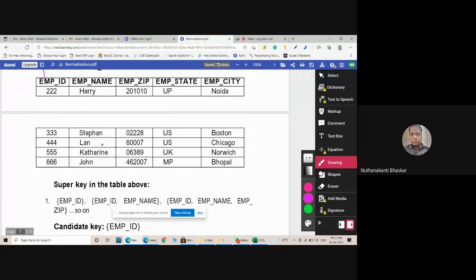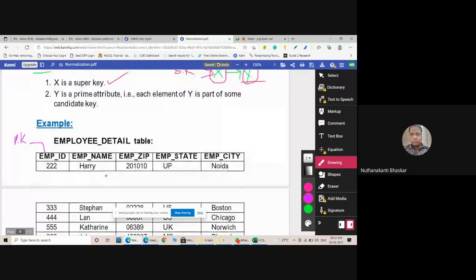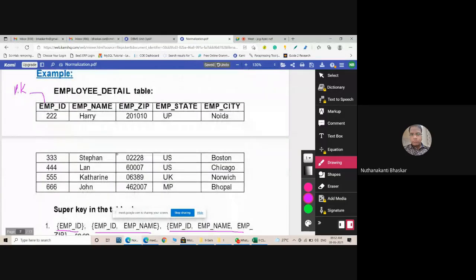So we can write employee ID as a key attribute separately, and employee ID with employee name and employee zip, because all combinations of attributes are depending on employee ID. Yes or no?